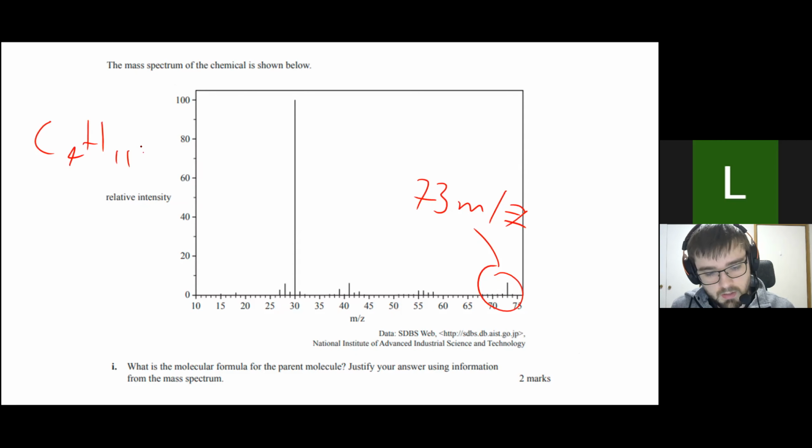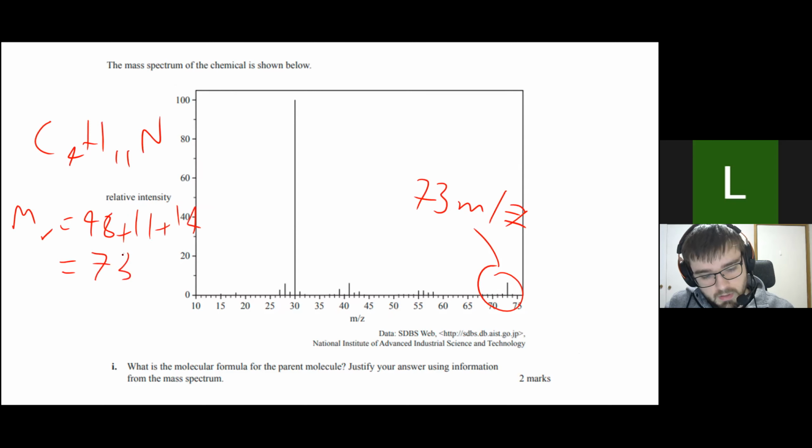I'll put the H in the front because it's a convention to do it that way. So the mass of this, or the molar mass of this, I should say, is equal to 48 plus 11 plus 14, which, what do you know, ends up being 73 mass units.